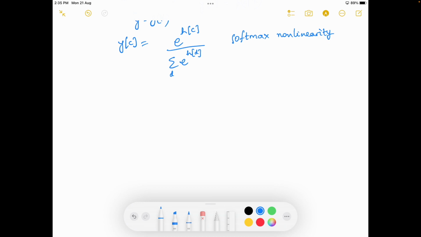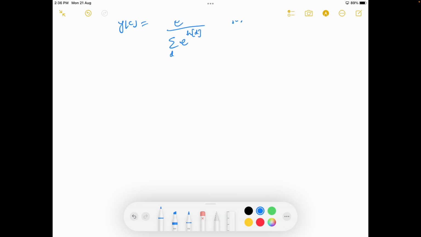And you can see the output y_c depends on h_c, but it also depends on the other h's of other classes. So there is a dependence between classes. Every y index depends on all the h values, not just a single h value.